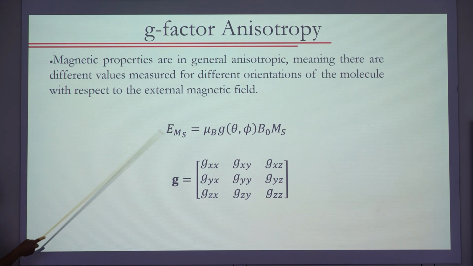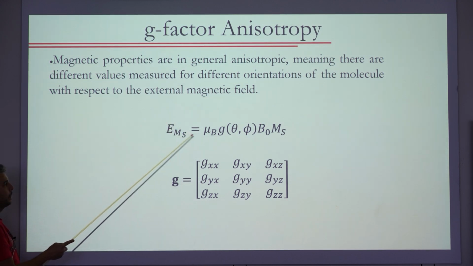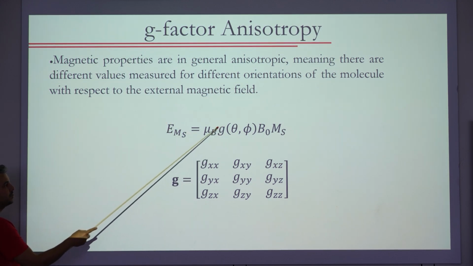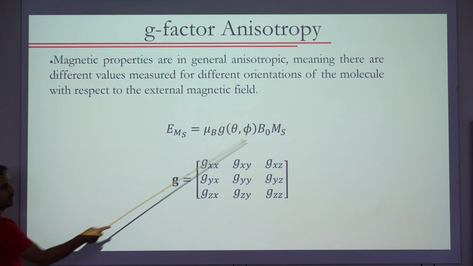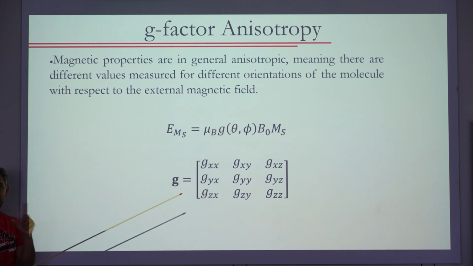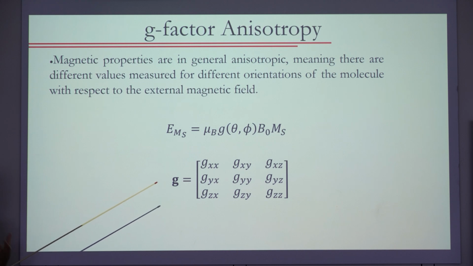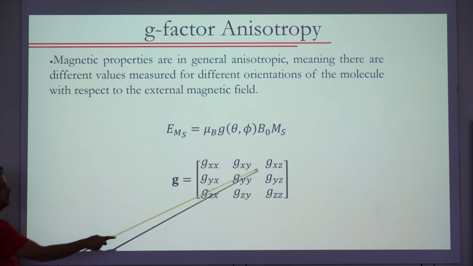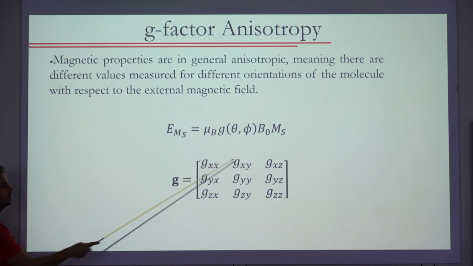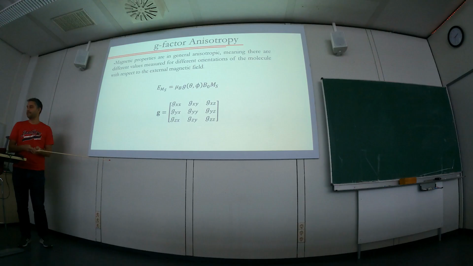So the energy for different ms of an anisotropic system depends on a G value that depends on two angles that indicate the orientation in a spherical polar coordinate system. This can also be represented with a 3x3 matrix that contains all these possible numbers, some of which may be 0 or not. So that's the general case.